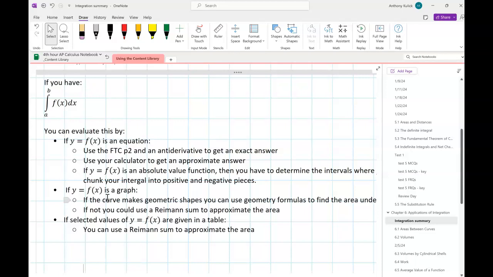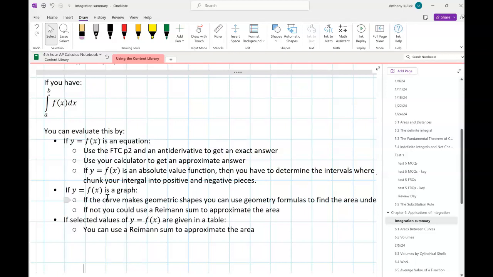If you have something that's not a geometric shape, you can still approximate it with a Riemann sum, right? Or if it's laid out in a grid, you could count boxes and approximate. That's still valid depending on what's available to you in the problem. That might be what you'd have to do.